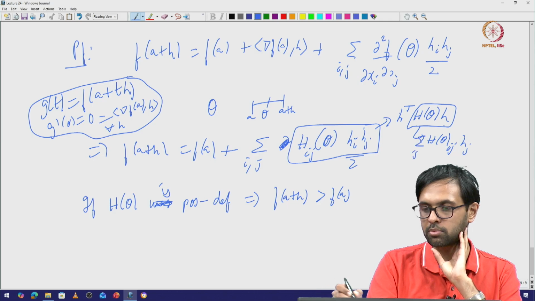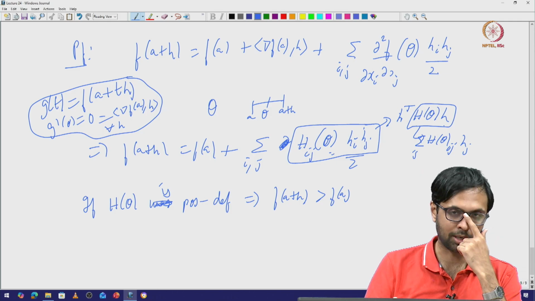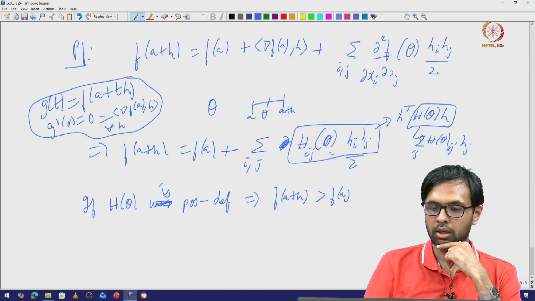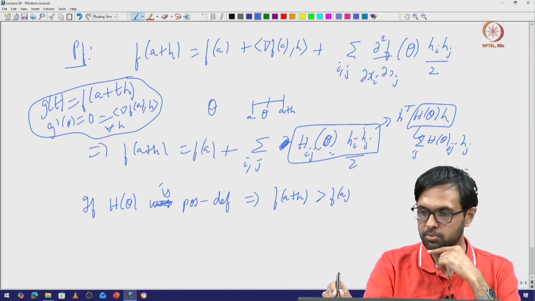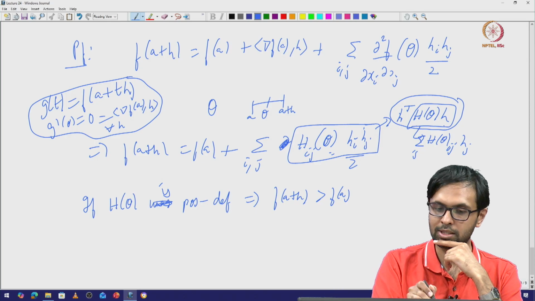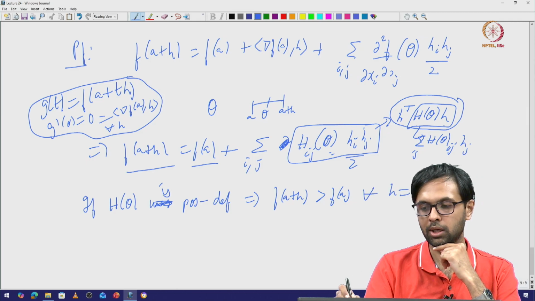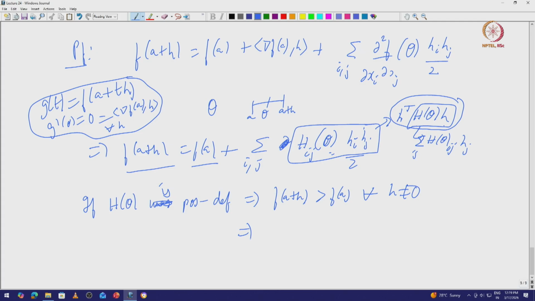H transpose times this is precisely the sum. And H is a real symmetric matrix, so in particular it's Hermitian. So if this is positive definite, which means this is strictly positive for all non-zero h, that means f(a+h) is strictly larger than f(a) for all non-zero h in a neighborhood such that norm h is less than some epsilon, which would mean that a is a local min.